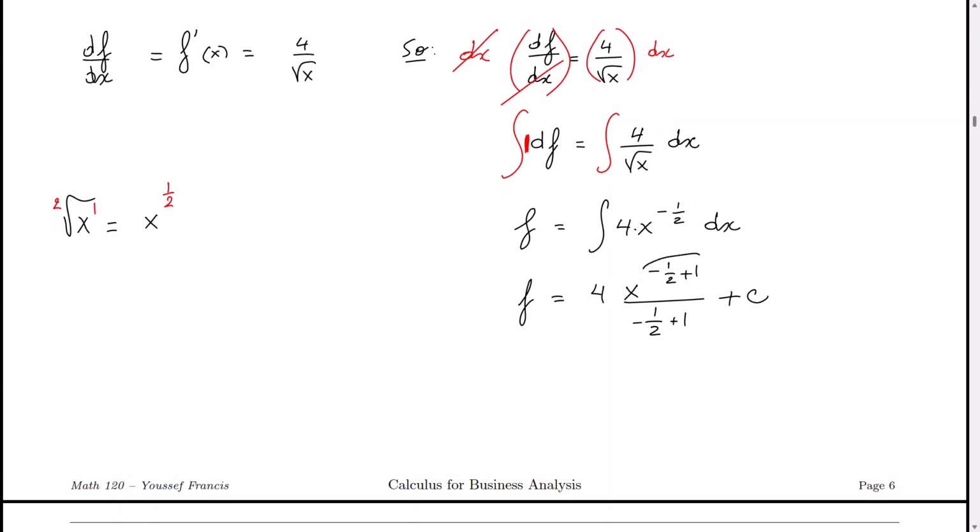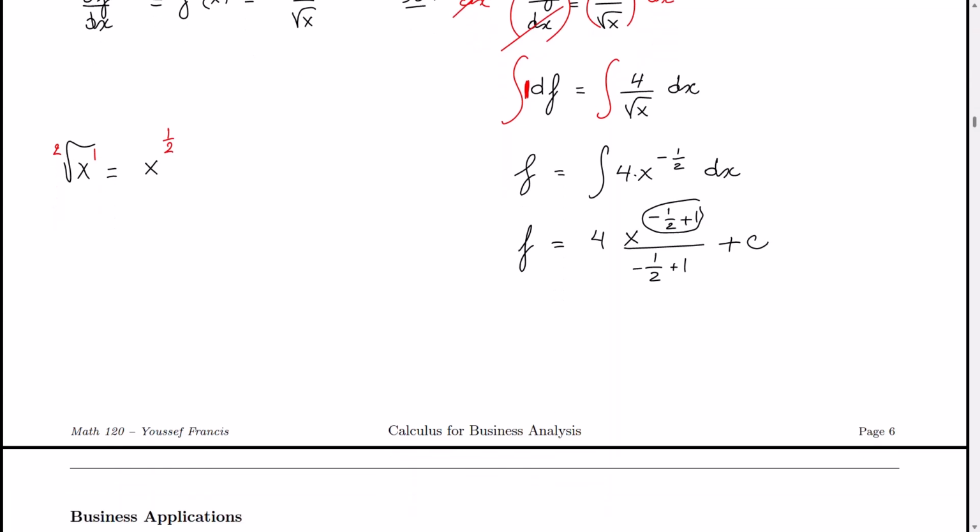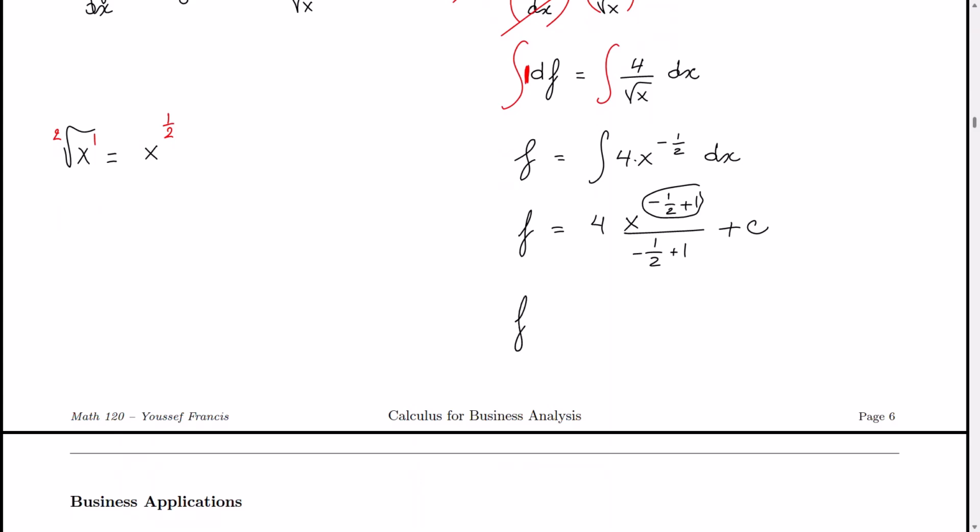Now you can use your calculator to figure out what negative 1/2 plus 1 is, but hopefully you already know that negative 1/2 plus 1 is really just simply 1/2. And I'm supposed to divide by 1/2, but I don't want to do that. I don't want to have the 1/2 sitting down here. It just looks weird. So what I'll do is I'll flip it upside down in my head and I'll squeeze it between the 4 and the x to the power of 1/2.